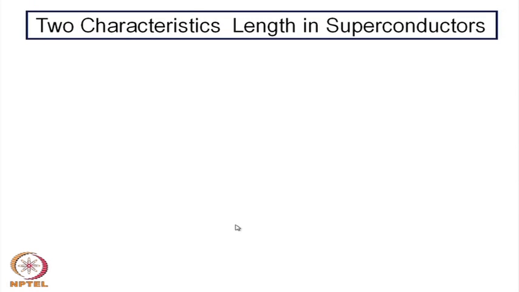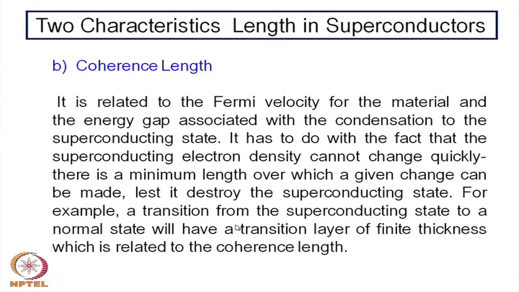Another length, also important to study the characteristics, is called the coherence length. It is related to the Fermi velocity of the material and the energy gap associated with the condensation to the superconducting state. It has to do with the fact that the superconducting electron density cannot change quickly.